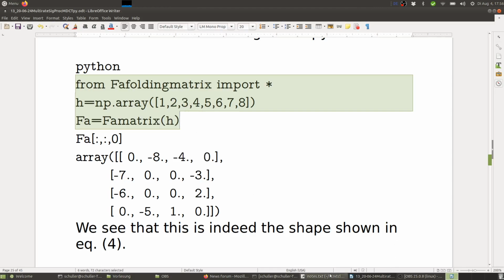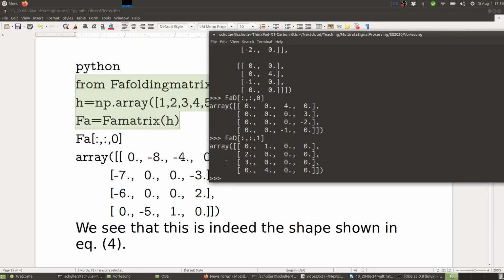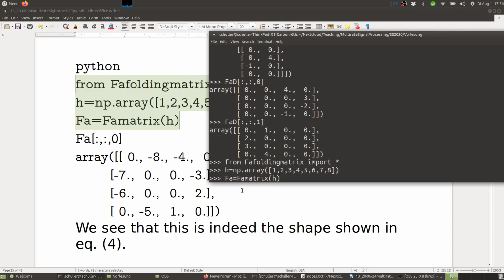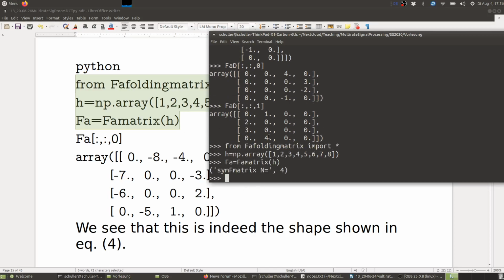Copy. So this is our test prototype filter, just the numbers from 1 to 8. And it deduces the number of subbands, capital N, to be 4 because of this vector of 2. And let's see what's in FA.